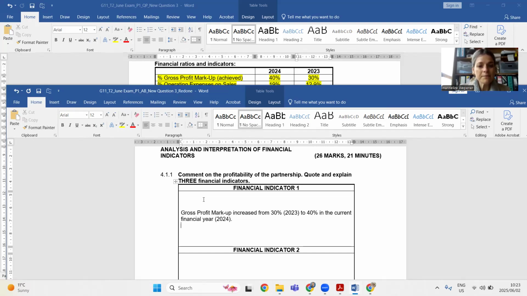Then remember, there's no industry norm provided. There's no norm that says you must obtain this or that. So we can just say that it seems like they've been managing their purchases, the cost of purchases, more effectively in the current financial year. Or it could be that they decided to increase the markup percentage because they realized that they weren't making profits and were moving towards a loss.